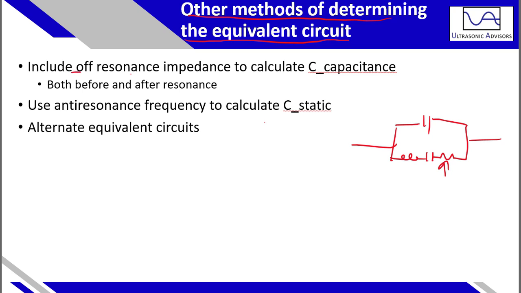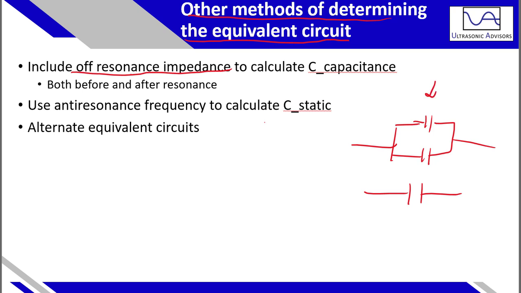One of the ways is to use the off-resonance impedance or admittance to calculate the total capacitance. At off-resonance, these two parameters drop out technically. So this is what you measure, and this is what actually occurs. You can use this equation here.